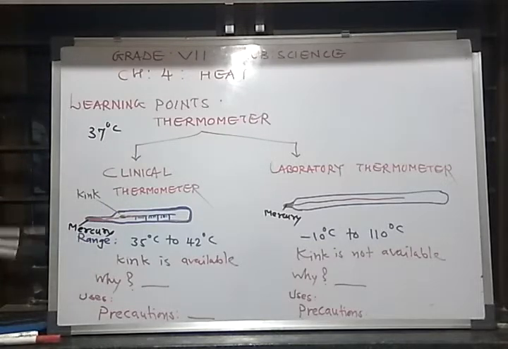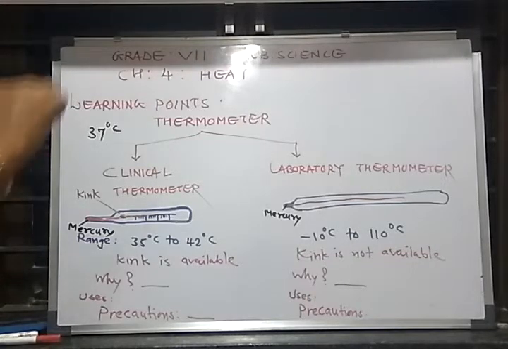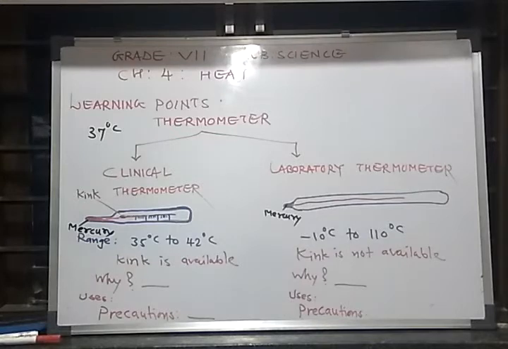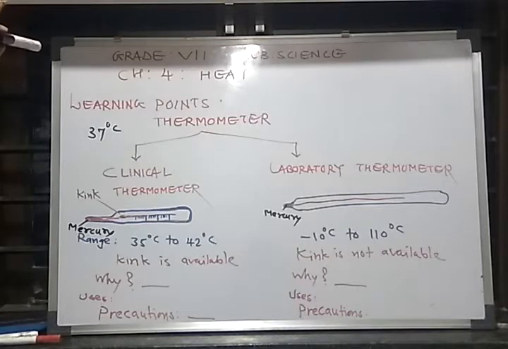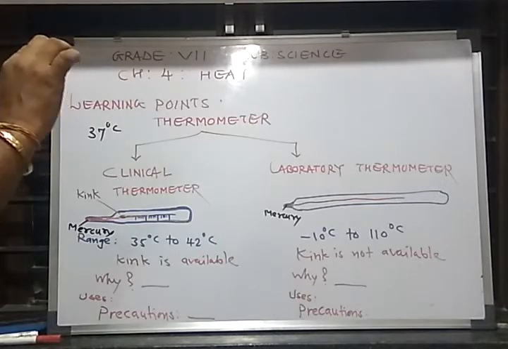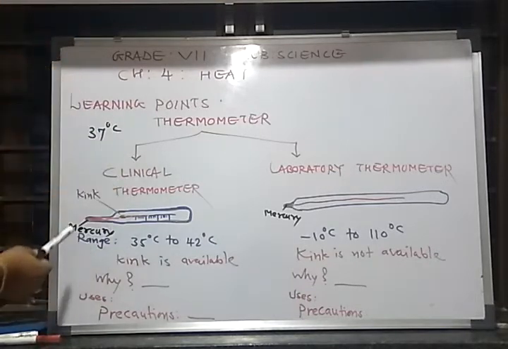So when we take this thermometer and put it under the tongue for 1 minute, then we have to take out the thermometer and read it this way, vertically. We see the red thread-like structure, very thin, that is the mercury level.